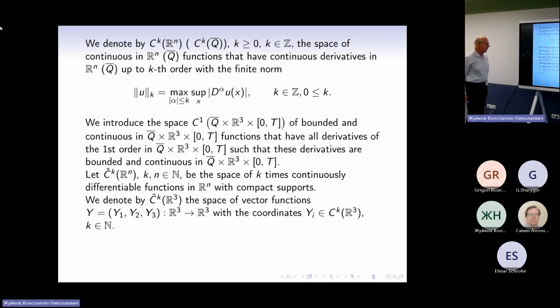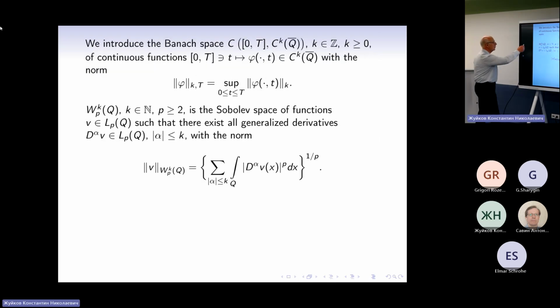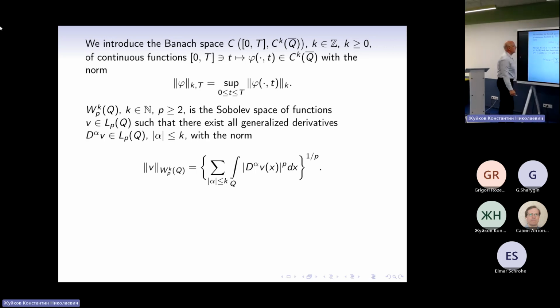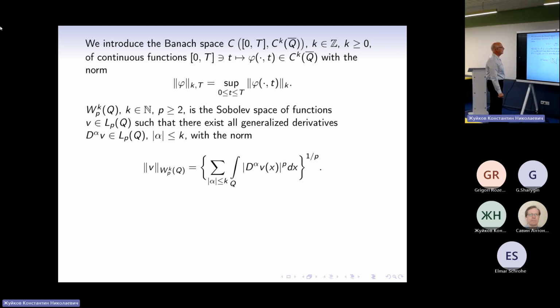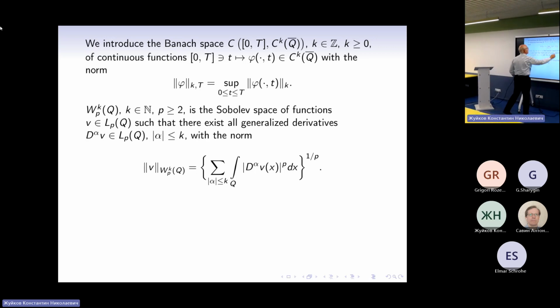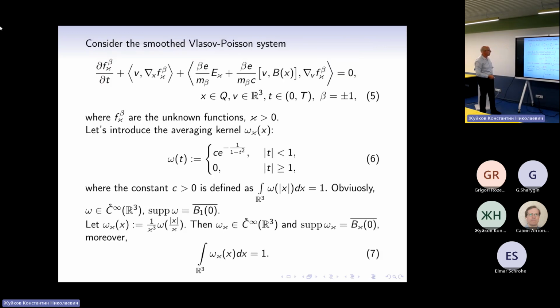C^k also denotes the space of vector functions in three-dimensional space with coordinates belonging to the space C^k. Now we will introduce one space of functions defined with respect to t on the closed interval [0, T], with values in the space C^k. We equip the space with the following norm.